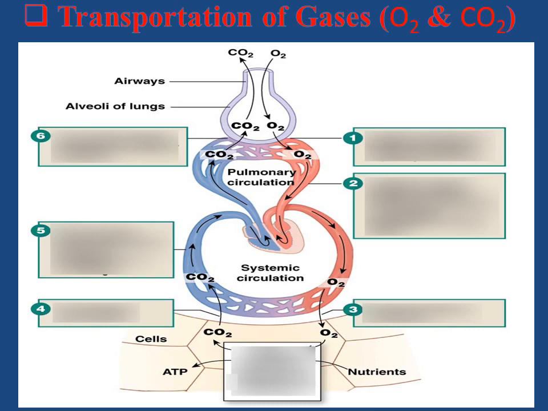When we inhale, oxygen enters into the lungs from the environment, then diffuses into the blood from the alveolus and is transported to reach the heart.